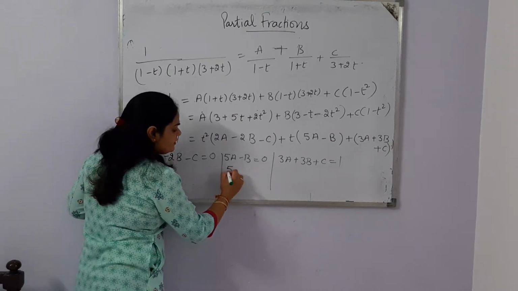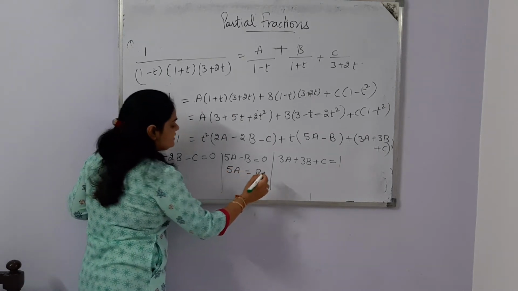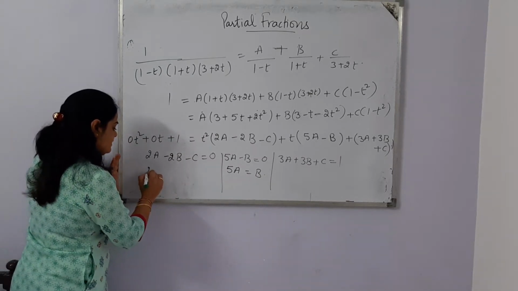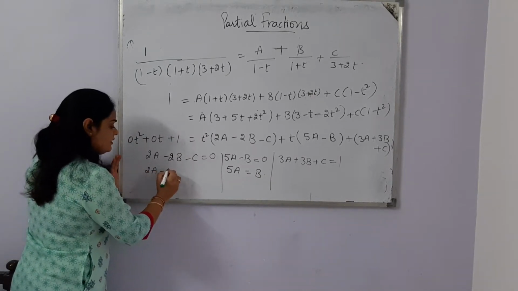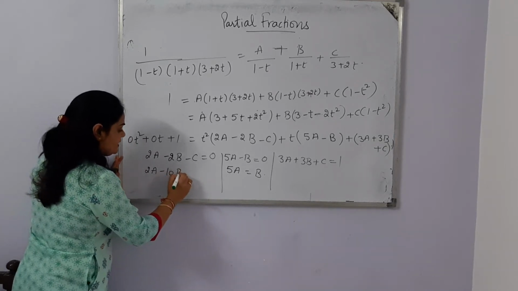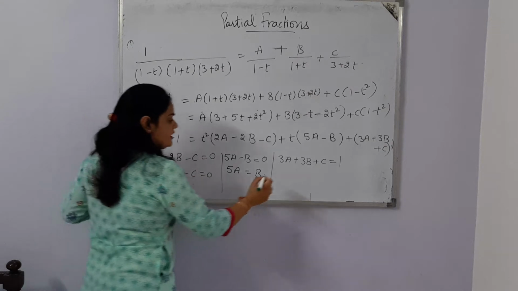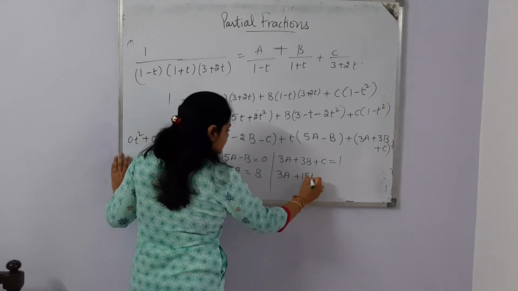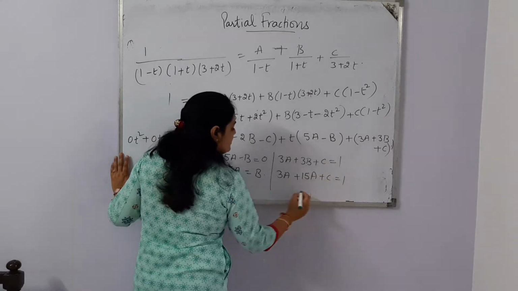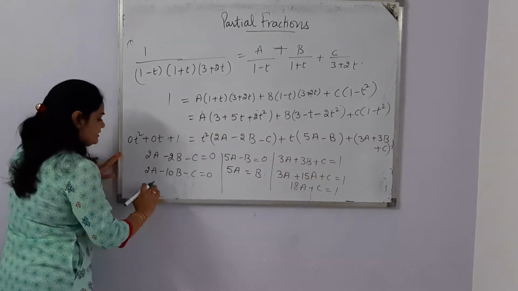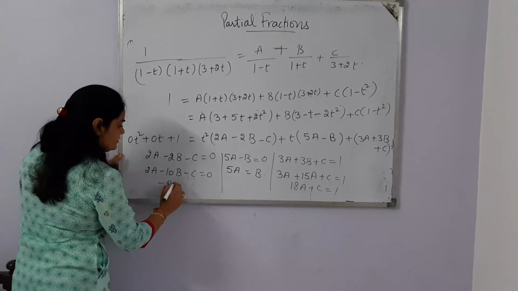From here we can get the value of b. b is equal to 5a. We'll substitute here as well: 2a minus 2 into 5a, 5 2s are 10, which is minus 10a, minus c equals 0. And here we substitute: 5 3s are 15a plus c equals 1, so 18a plus c equals 1.